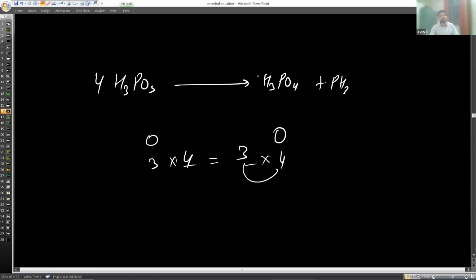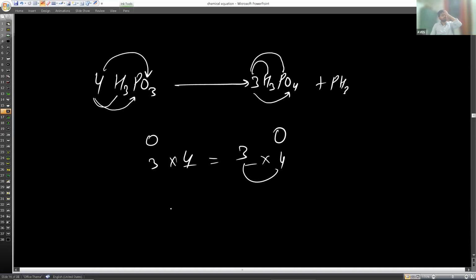So multiply this number by 4, this number by 3. Now this oxygen is balanced. But this 3 is not going to multiply with just this number. It is going to multiply with this 3, this hydrogen, and also with this phosphorus. Oxygen is balanced.